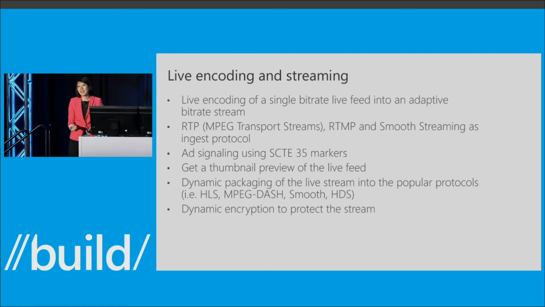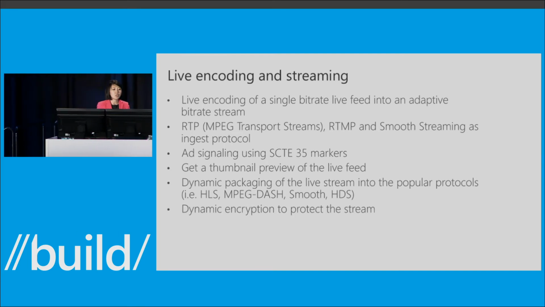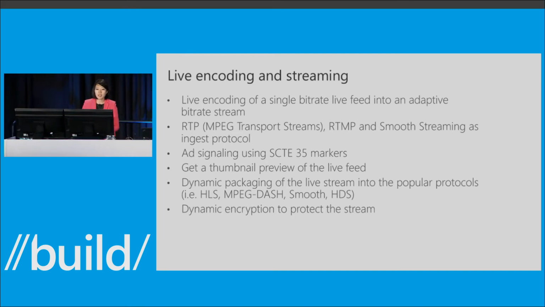And if the bandwidth worked with my Wirecast, then you could see the stream gets archived into the cloud as well. I want to recap in terms of features: it allows you to live encode a single bit rate into adaptive bit rates. You can send MPEG transport stream, RTP, or smooth streaming as ingest protocol.